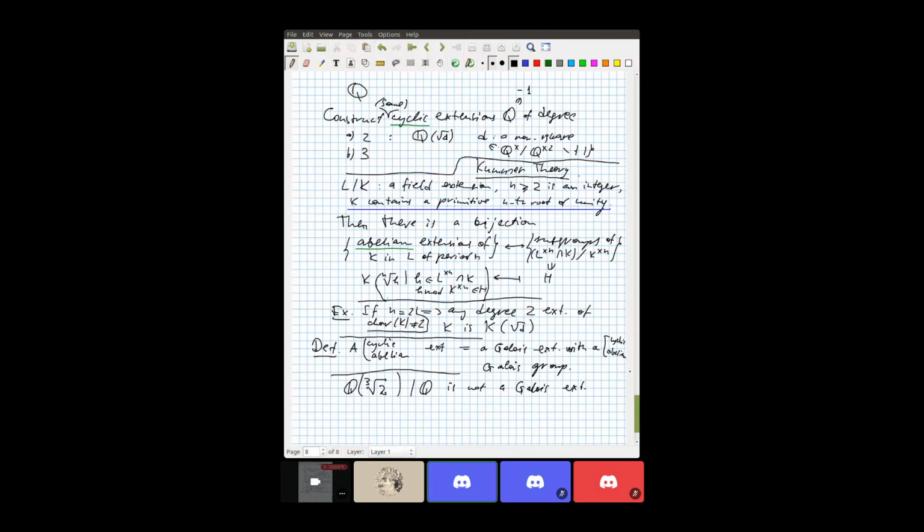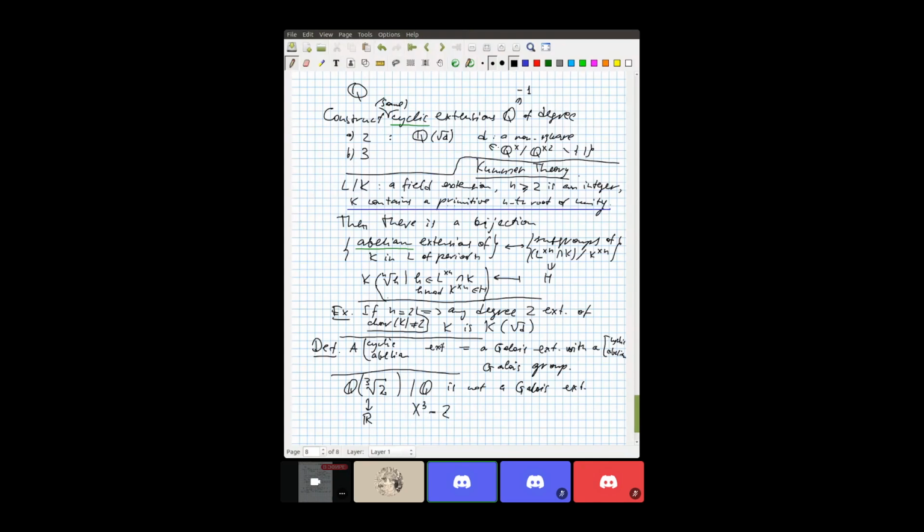Because you see that this field can be embedded into the real numbers. But if you embed your field into the real numbers, then the other roots of the minimal polynomial x cubed minus 2 are imaginary.